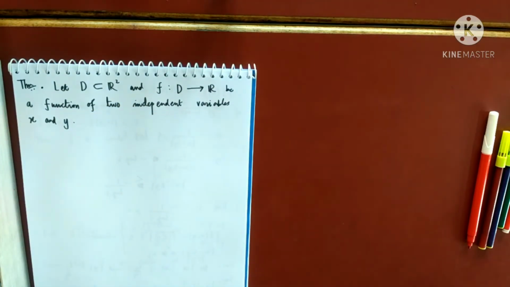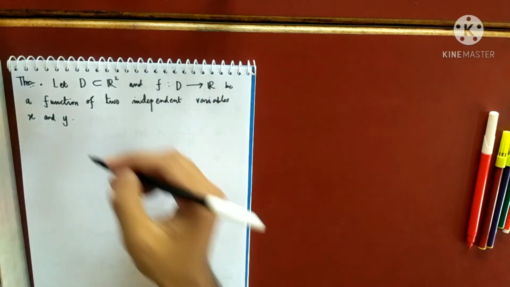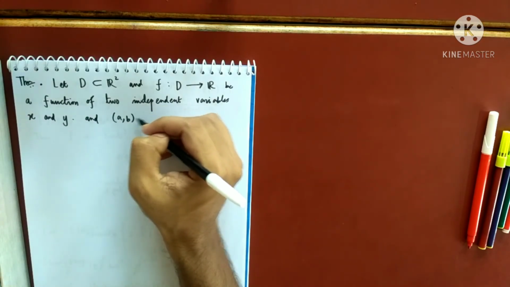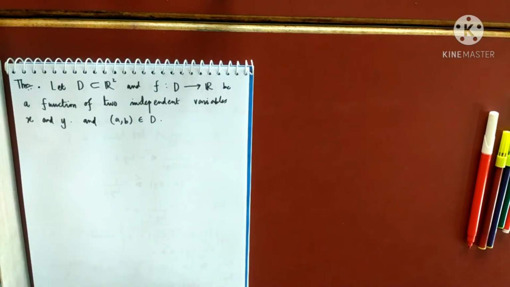Suppose a comma b belongs to the domain of the function. So I have a function of two independent variables x and y, and suppose that (a, b) is in the domain of the function.